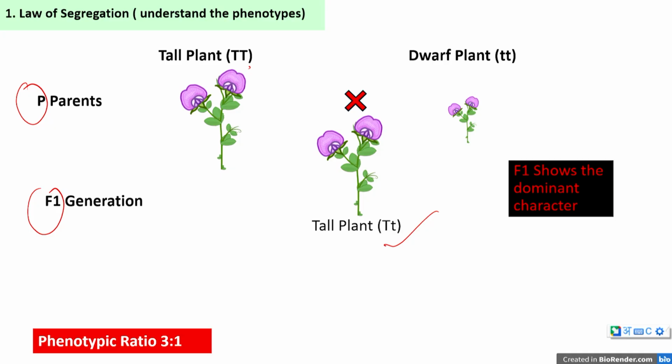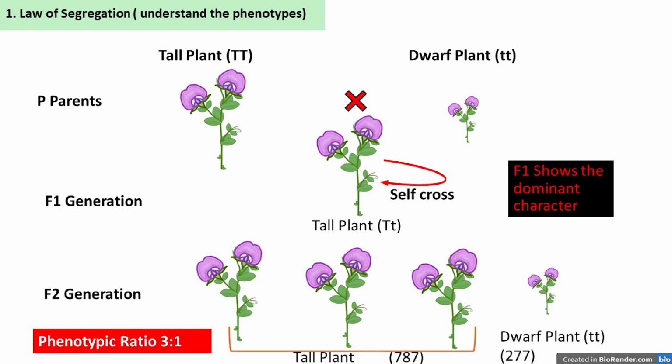But Mendel identified that when he self crossed these tall plants, which are capital T, small t, we will talk later about why we say capital T, small t, the progeny in the F2 generation included tall plants, fine, they were tall in F1 so that is not a problem.